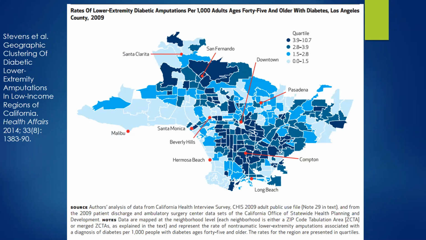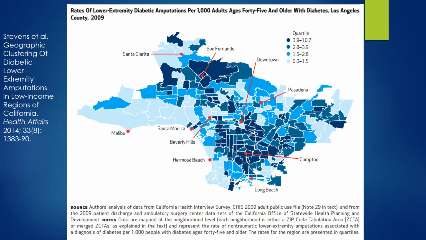So this is showing the rate of lower limb amputation among people with diabetes age 45 and older in LA County in 2009. The darker the color, the higher the rate of amputation in that area.